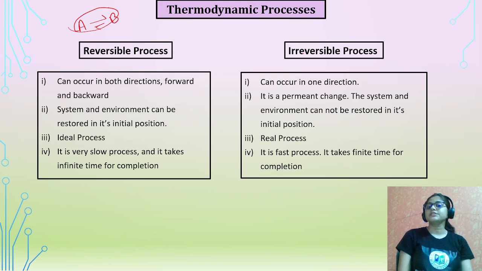But the irreversible process is the opposite of it. It can occur in only one direction. One directional change is there, and this kind of arrow is used. The second point is that in a reversible process, the system and environment can be restored to their initial position. What does it mean?